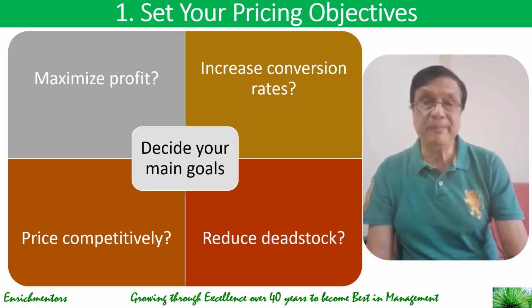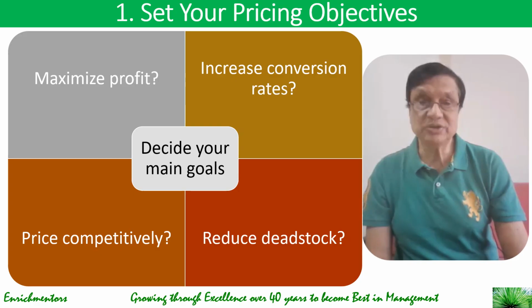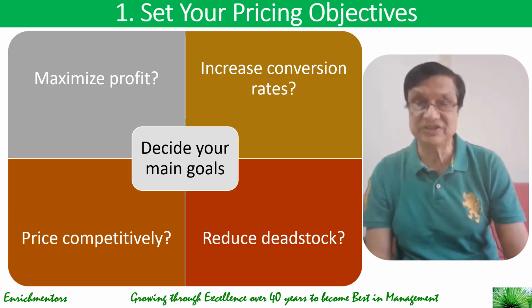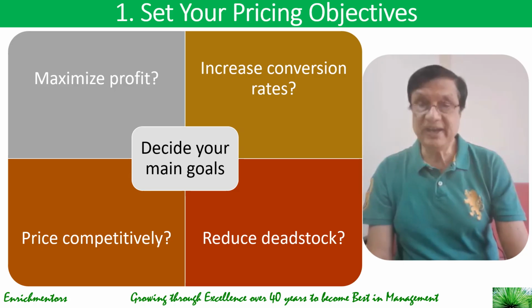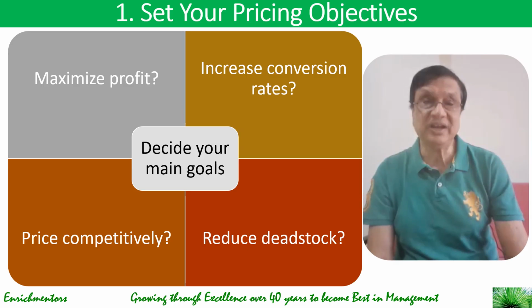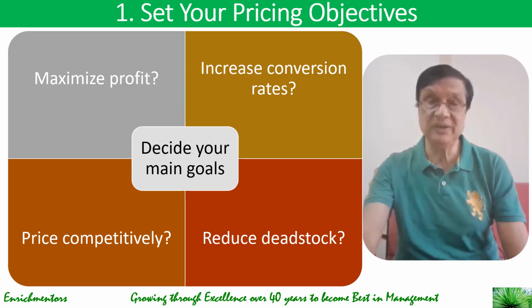That will depend on your business objectives: what your business is, what your situation is, what challenges you face, and what you want the pricing to do. Most AI tools let you prioritize objectives per category and per product, so you can set different objectives. Remember to keep that in mind.